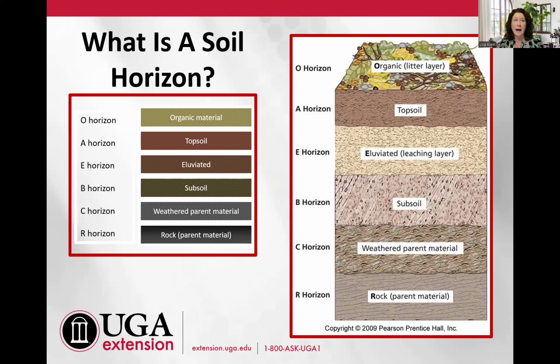So I kind of joke a lot. We have a lot of developers building in Gwinnett County, and they like to scrape off that topsoil and they bank it. And a lot of them, the ones that are really trying to pinch their pennies, will then sell said topsoil, and then they'll just lay sod over the top of that subsoil and the weathered parent material. Is that going to grow grass?